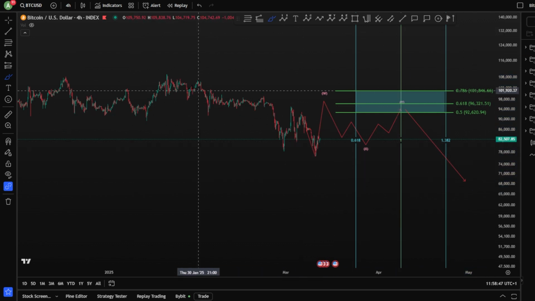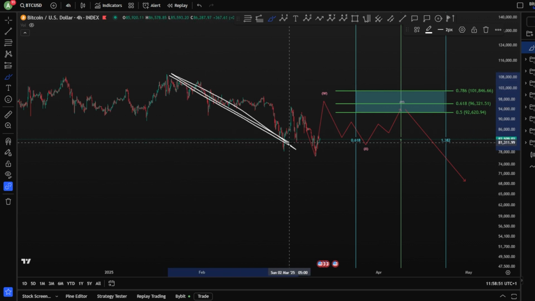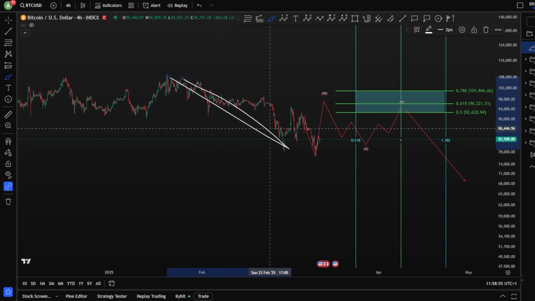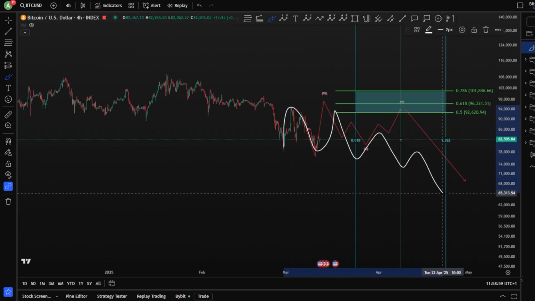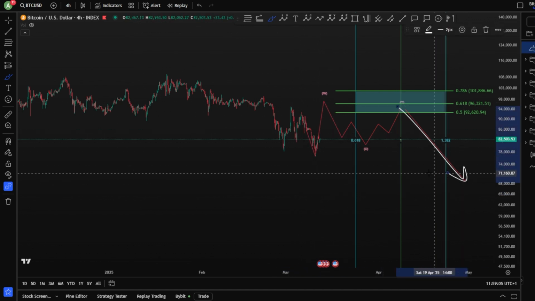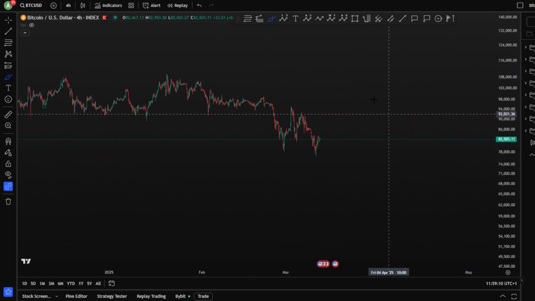Because of the time of this wave A here, or W in case it is a W, this wave A is very long in time. So you still need something to balance. So potentially we might range sideways and then move down for an impulse in a wave C. As you can see, those are the possibilities left.